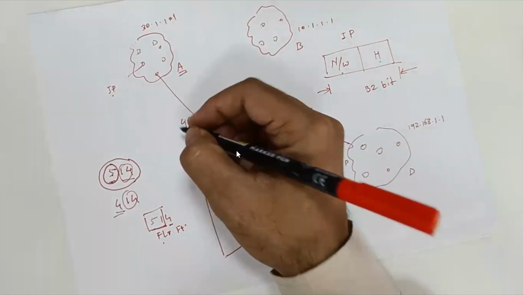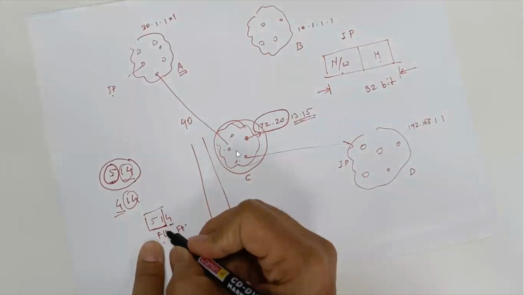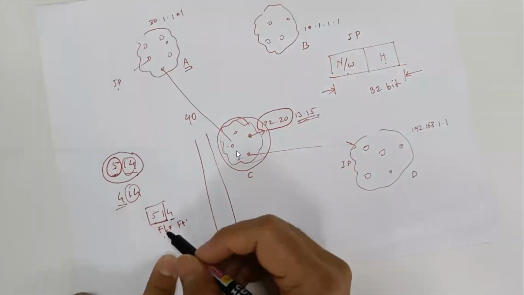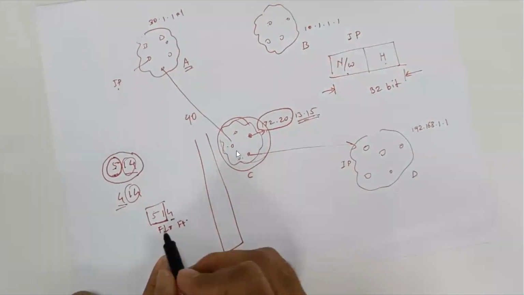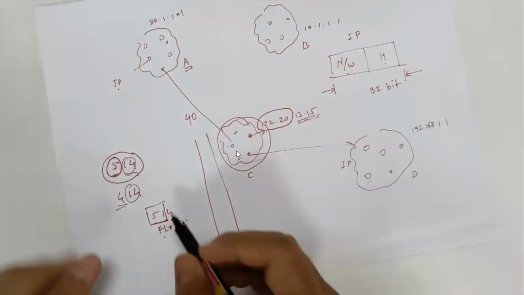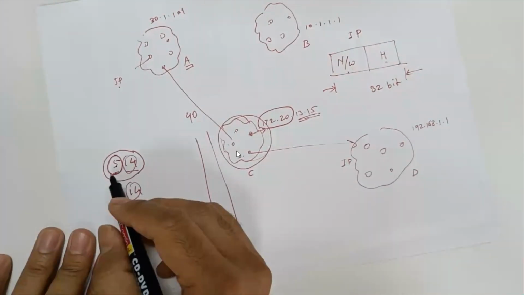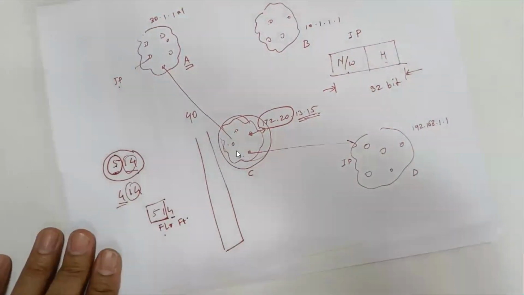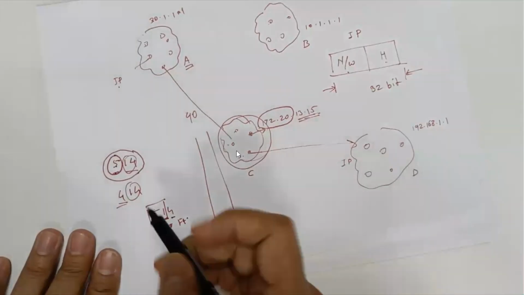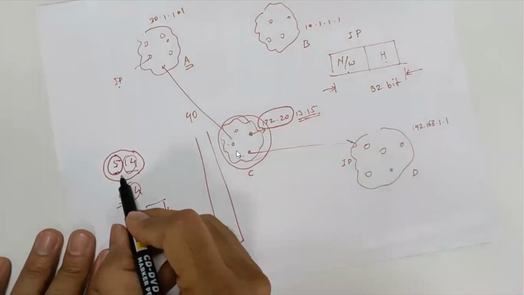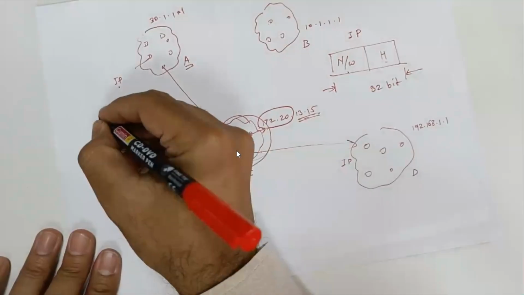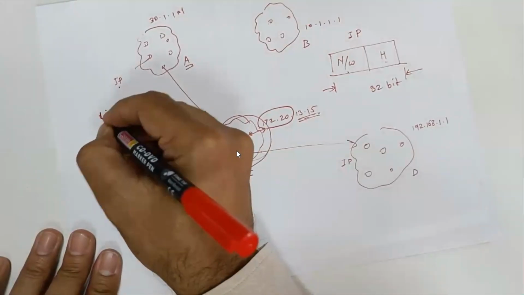So in that case, you will assign the flat addressing like this. Usually in a normal 8 or 10 floor building, you find this kind of division, 504 or 518 or something like that.